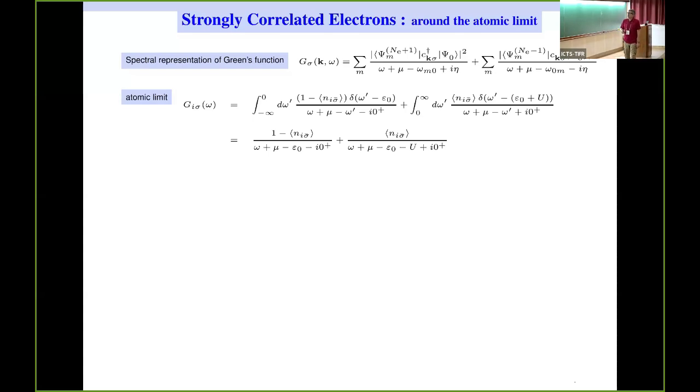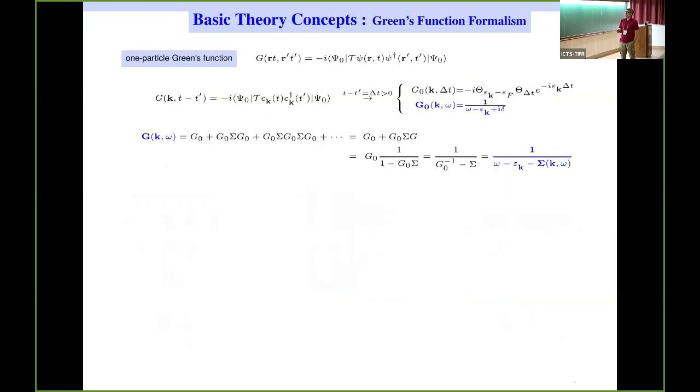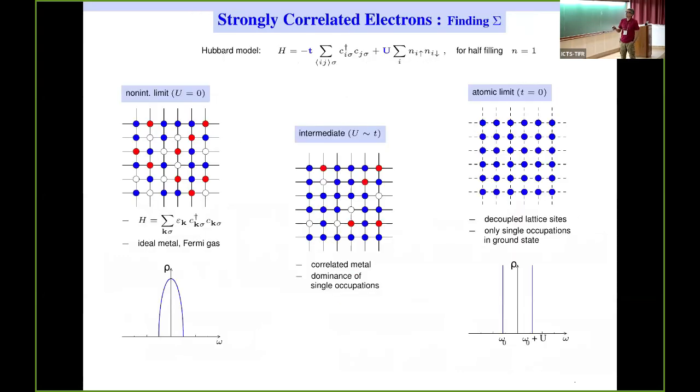Now, of course, you would like to rewrite that Green's function in a standard manner, as we have just seen before. Well, maybe let's go back to see that once again. So our standard writing of the Green's function was in that framing, that we have the omega minus the non-interacting dispersion and the self-energy.